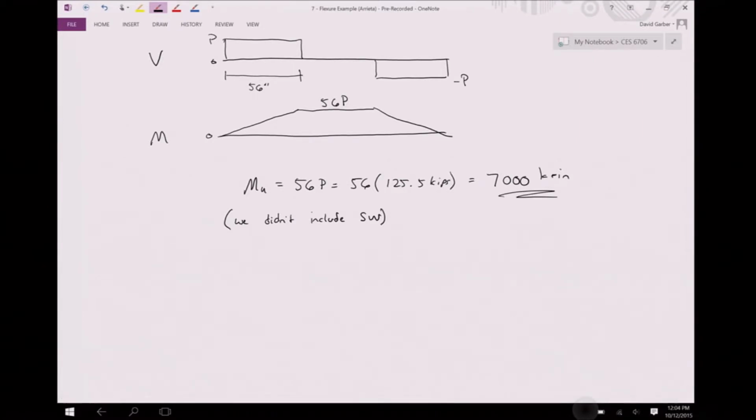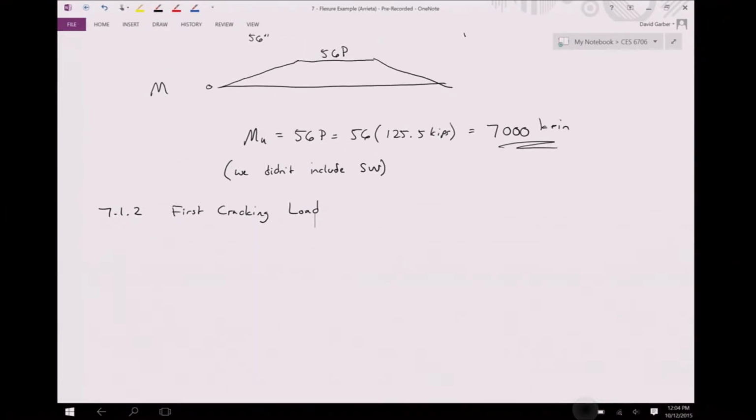Okay, so next we can find our first cracking load. To find our first cracking load, we'll first need our modular ratio, so we know how to transform our sections. We're given Ec. This was measured during the test.